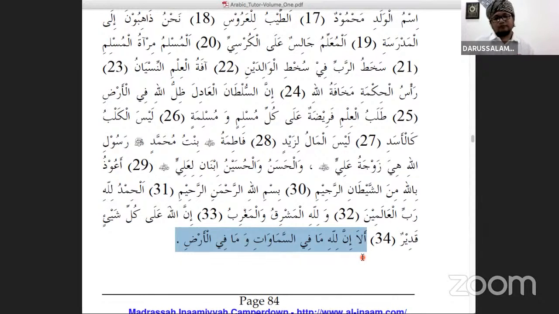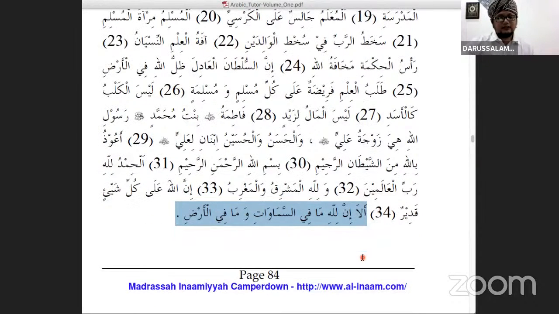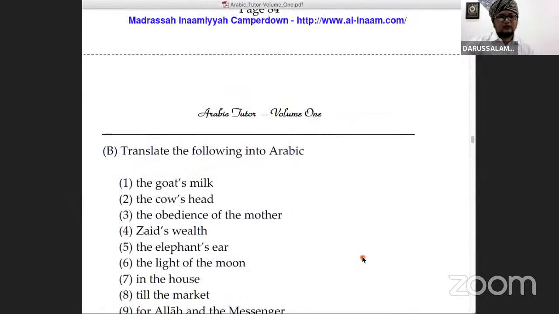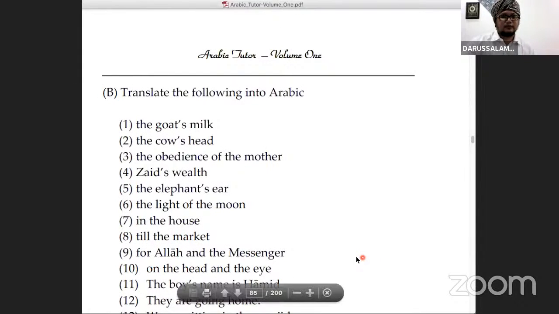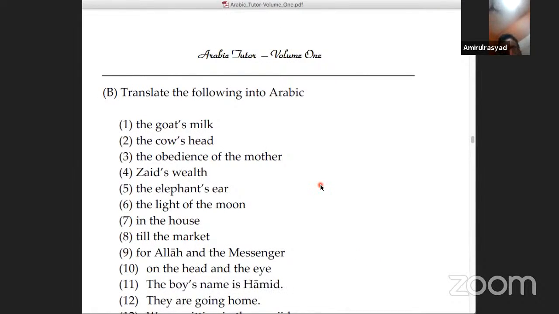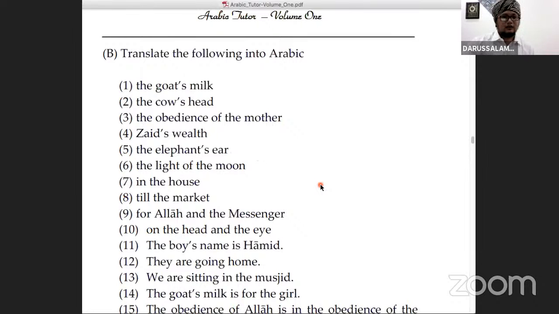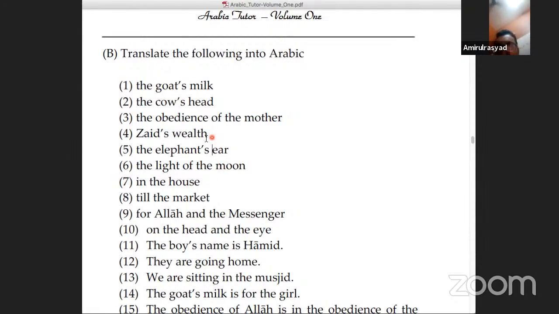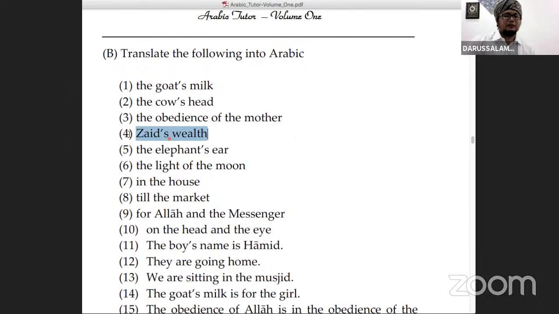Understand? Boleh? Okay, let's try this one now. Number 4.